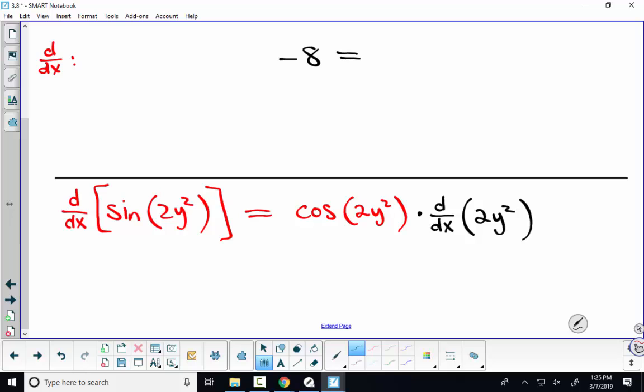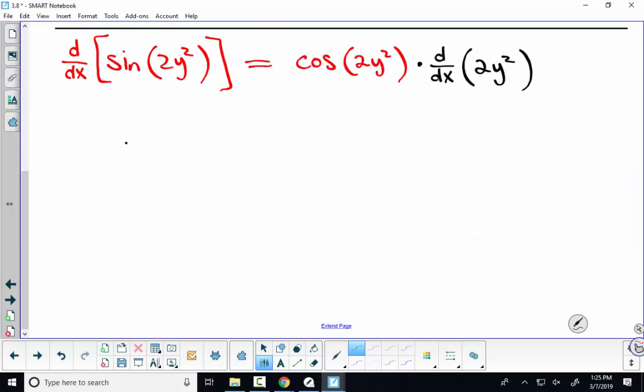So what is the derivative of the inner? 4y times y prime.